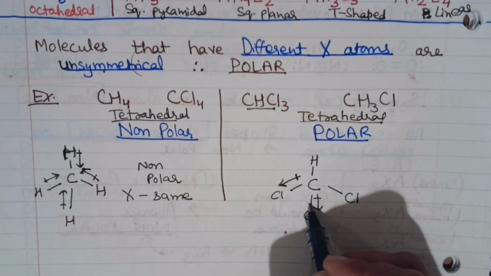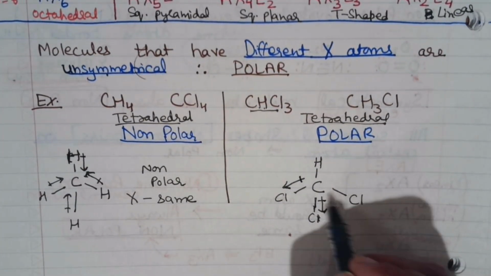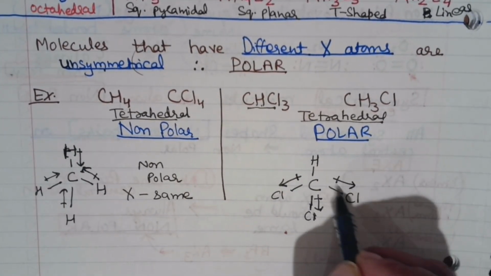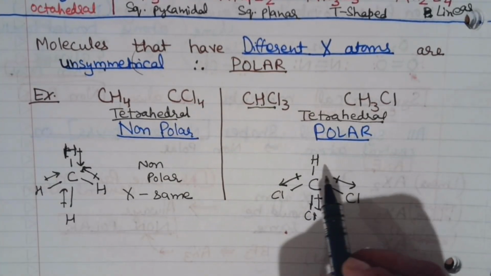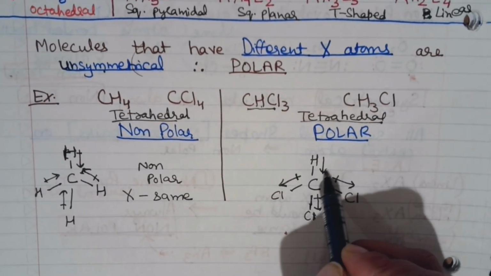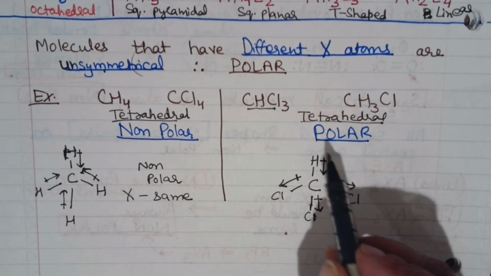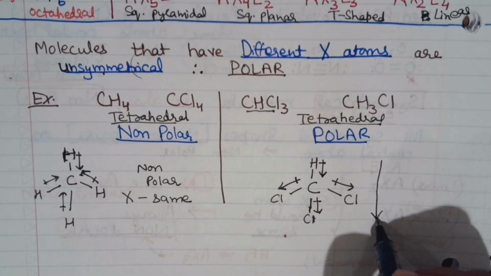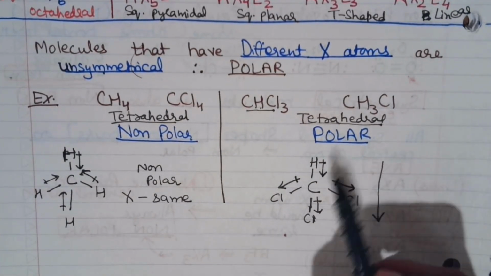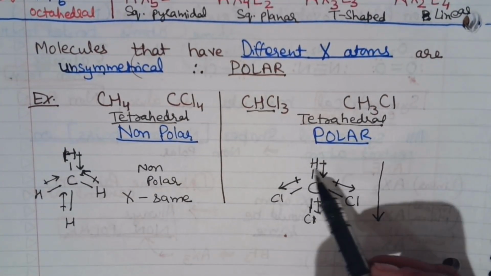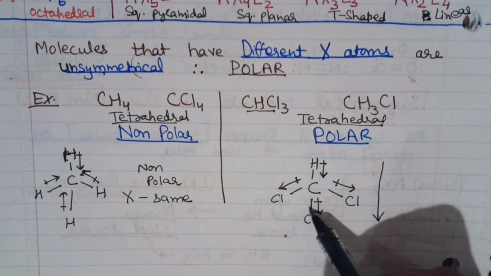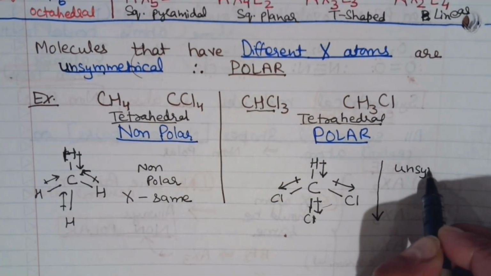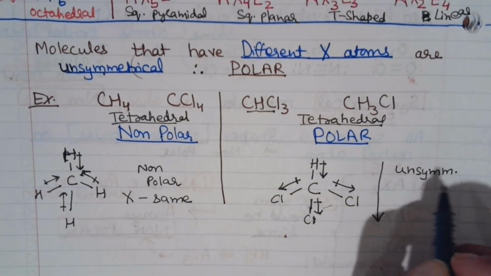Because Cl is more electronegative than C, the direction of the dipole is towards the chlorine. And then this is towards carbon, right? So you can see there's a net dipole moment in this direction, right? So the molecule is heavy in electron density around the chlorines, right? So that makes this molecule unsymmetrical, even though it's tetrahedral, right?